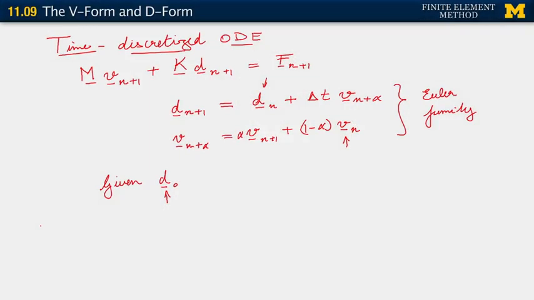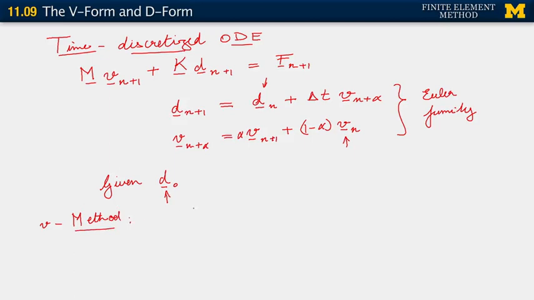Now there are two canonical approaches to solving this time discretized ODE, and we'll look at both of them in turn. The first is what is called the V method, somewhat unimaginatively.